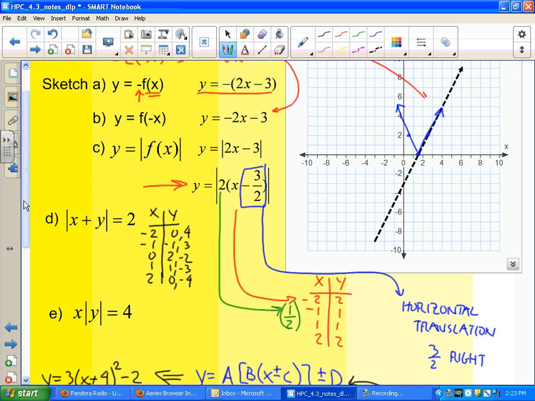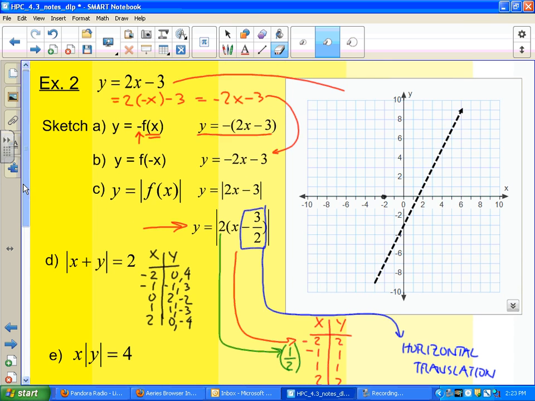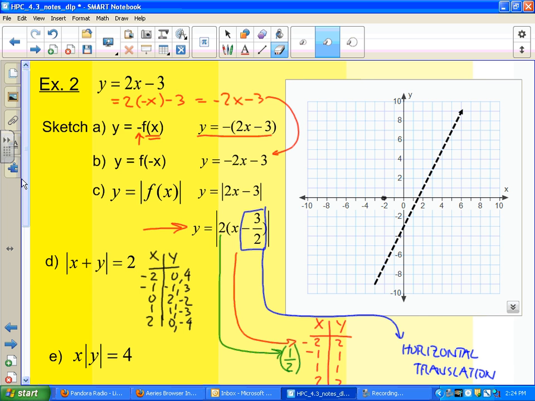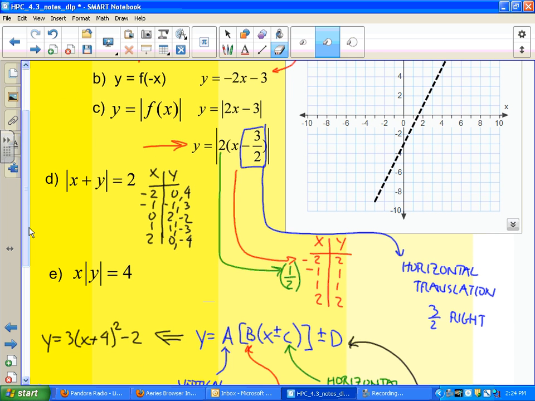So negative 2, 0, and 4. Let's get rid of this other graph. It's kind of in our way here. Don't need it anymore. All right. Negative 2, 0, and then 4.